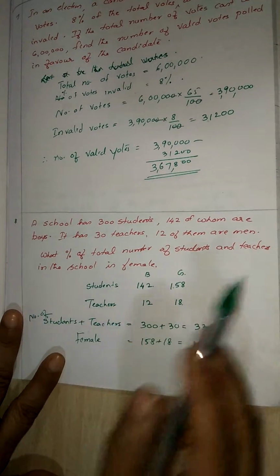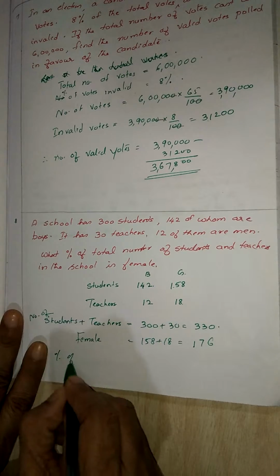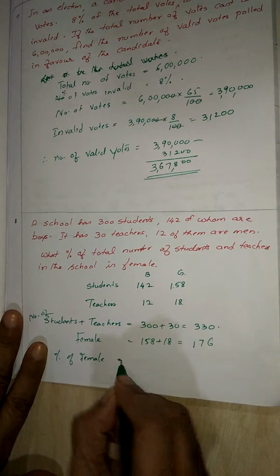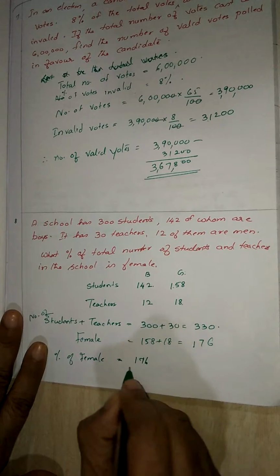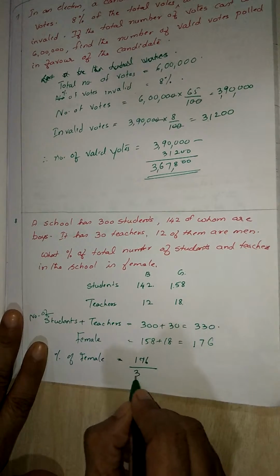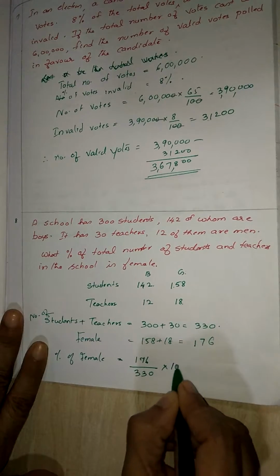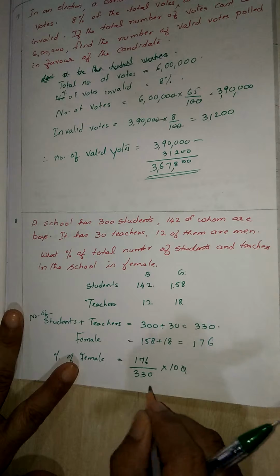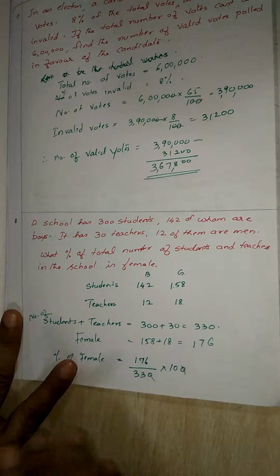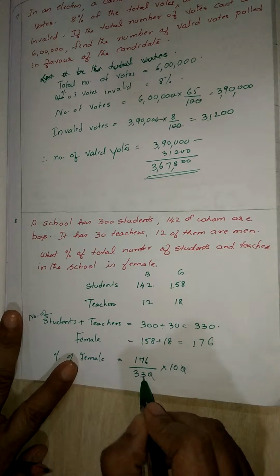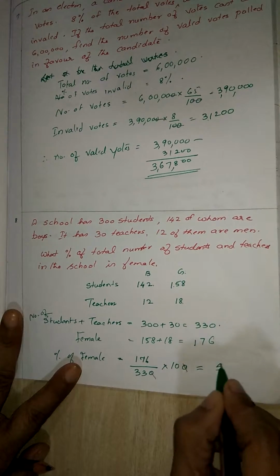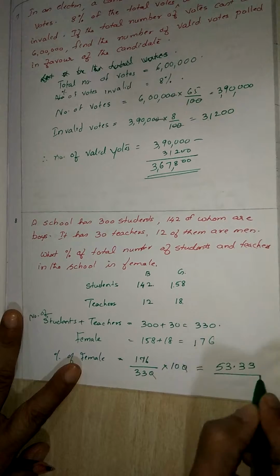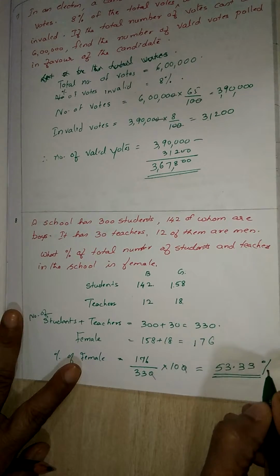Now we have to find the percentage. So percentage of female is equal to 176 by the total strength, it is 330 into 100. So 1760 divided by 33, if you do, you will get 53.33. So that much is the percentage.